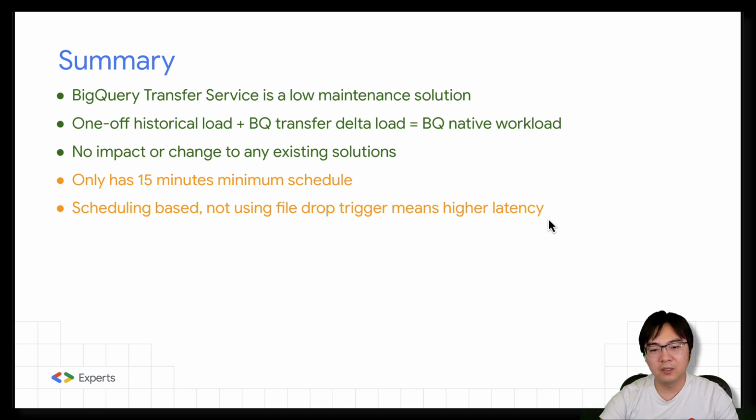So that means it by default gives you a higher latency. Again, a little bit of a downside, but I think the benefits, especially because you don't really have to change your existing solutions, so you just reuse what's already in there for everything to work natively in BigQuery. I think that's a huge win in there, right?